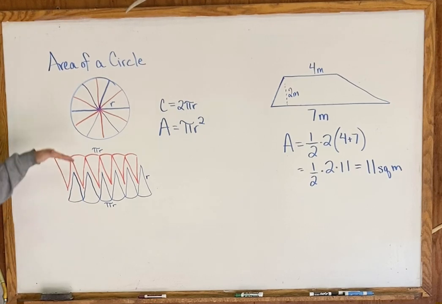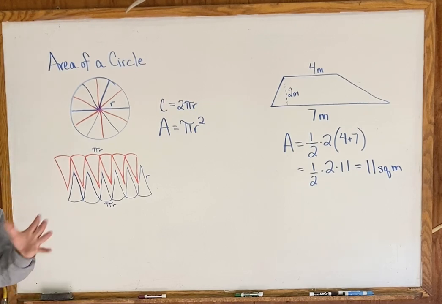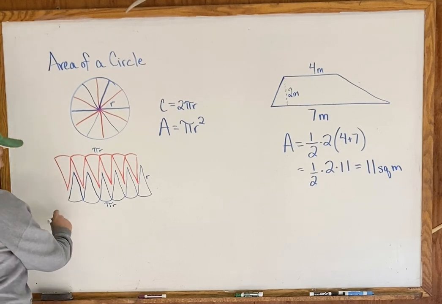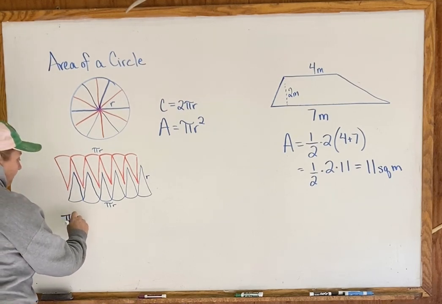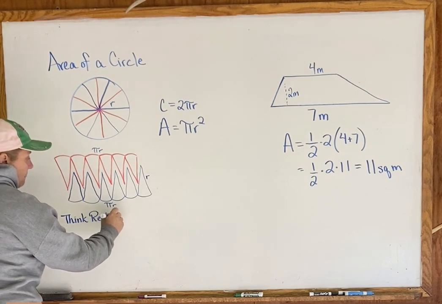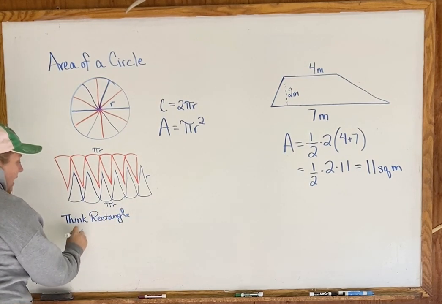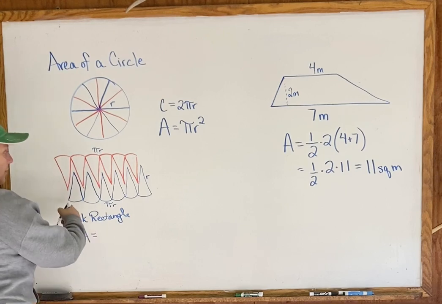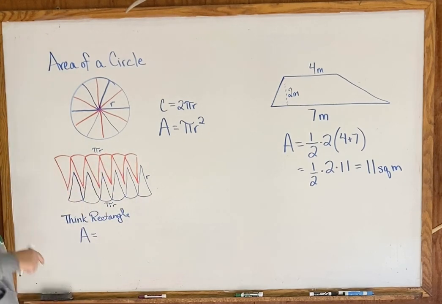Now, if you think about this as a rectangle, rather than some weird bunch of pieces of pizza that are all lined up in a different shape, think about it as a rectangle. So we're thinking rectangle. The area of a rectangle would be length times width.